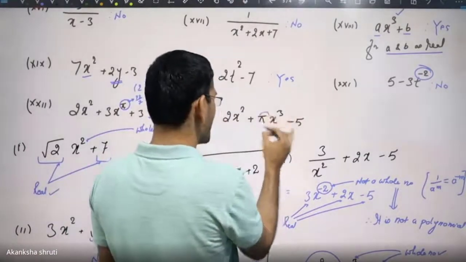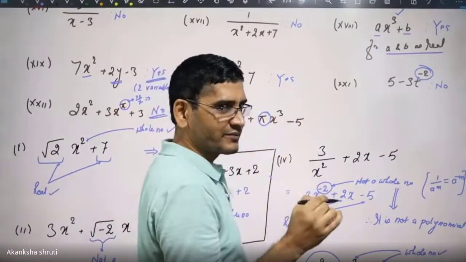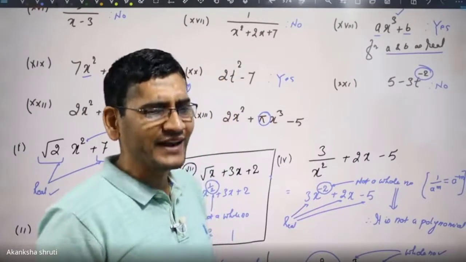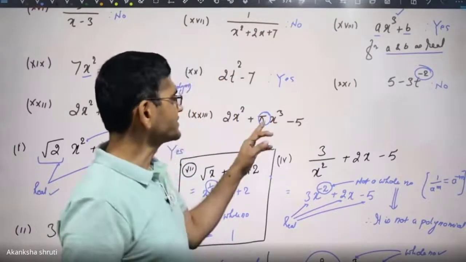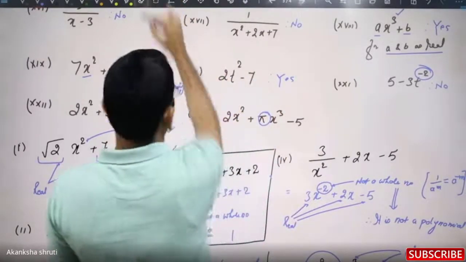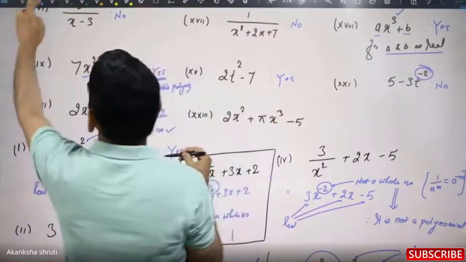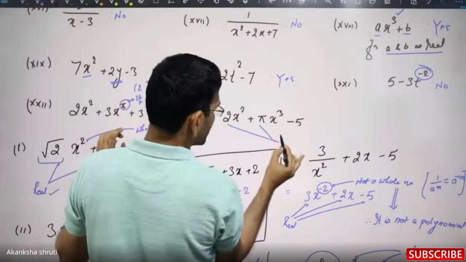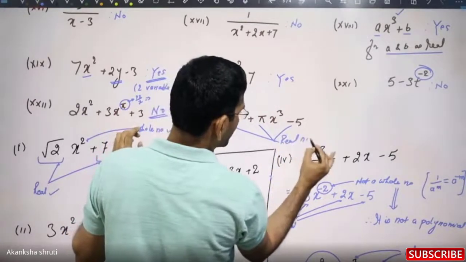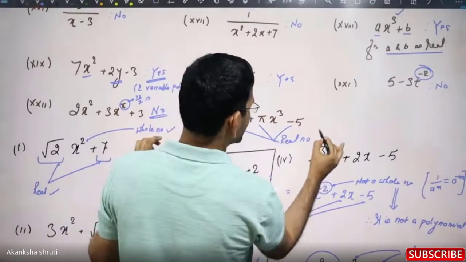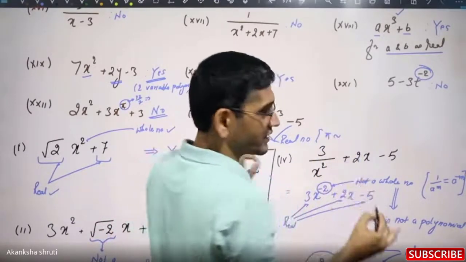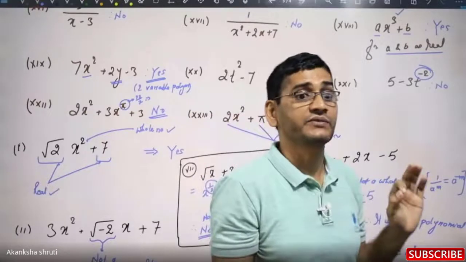Now coming to this one. What is this pi? Pi means 22 by 7. Though it is irrational, 22 by 7 is the approximate value. Also, this pi is a real number. So yes, it is possible. Pi is approximately equal to 22 by 7, not exactly, because it is irrational, so it cannot be written in fraction form.